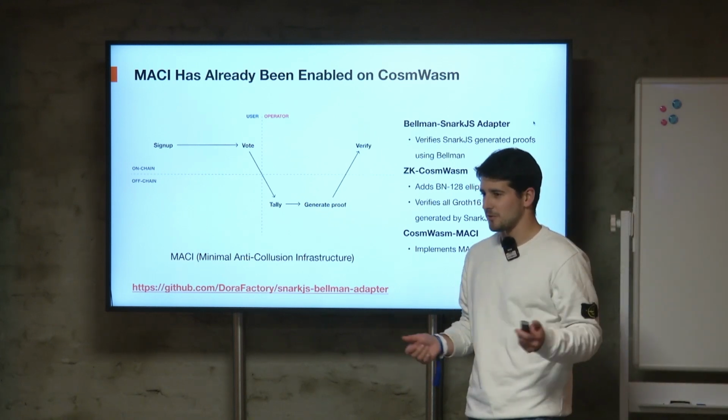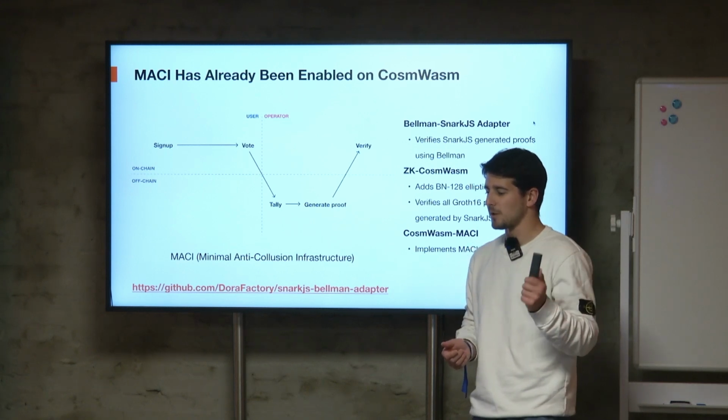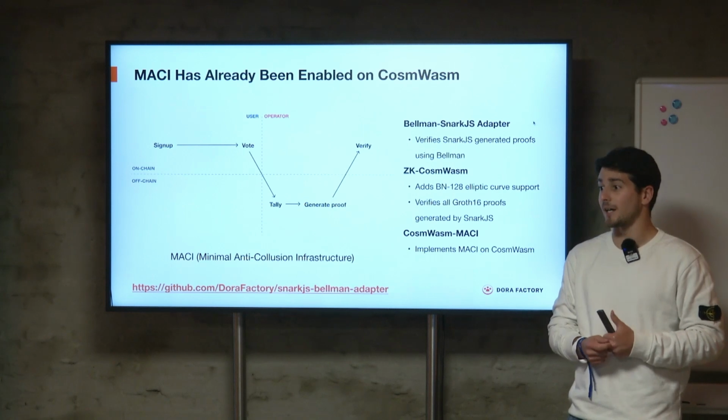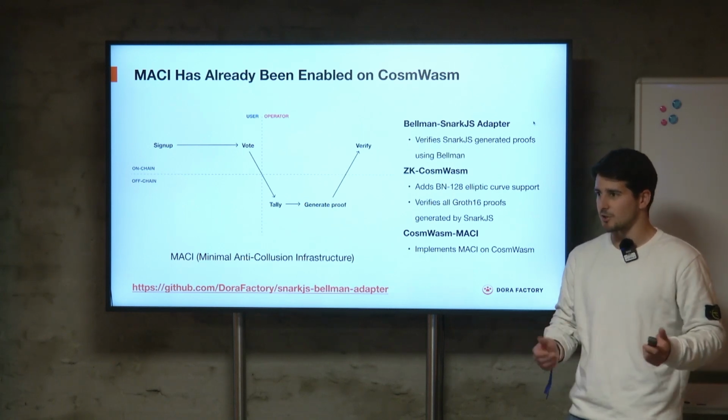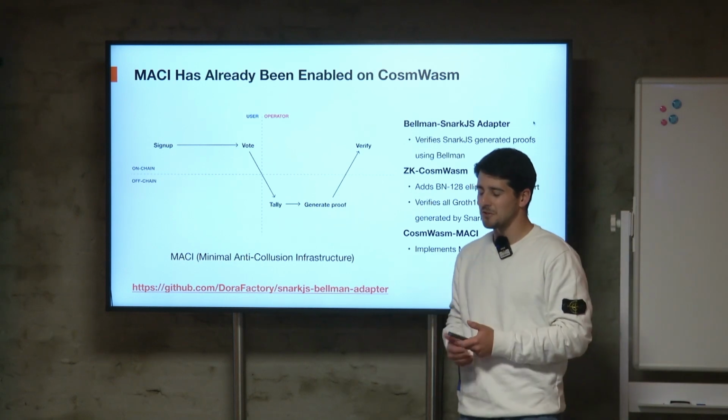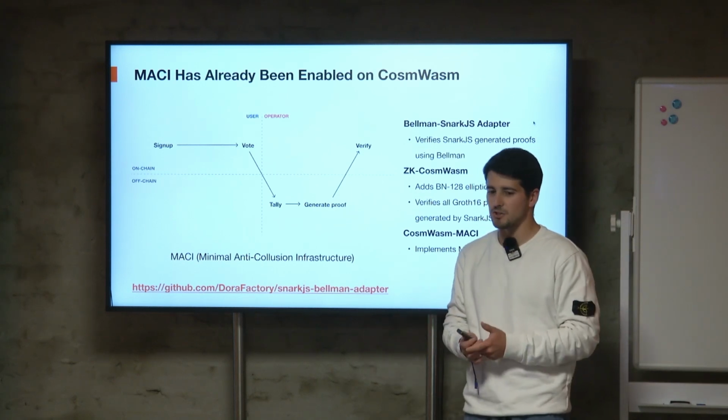Inspiration for this research you can find in one of Vitalik's original blog posts, a very famous research article called On Collusion, where he talks about the issues with on-chain voting and how privacy can increase the cost of collusion and increase voter participation in general.